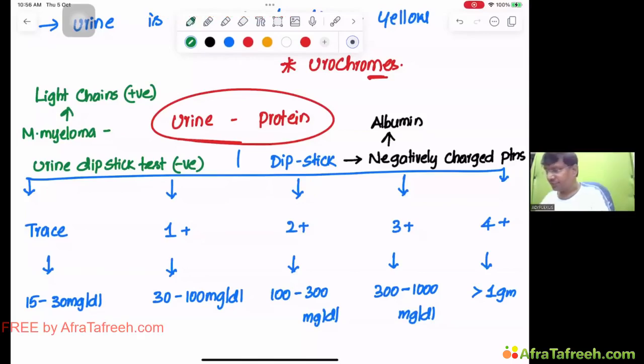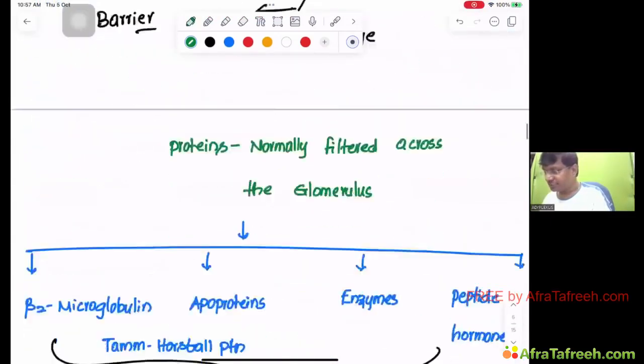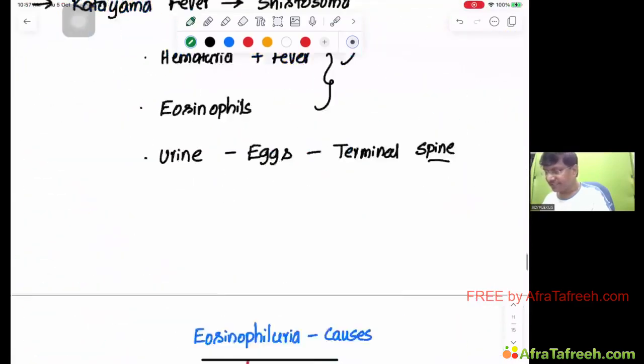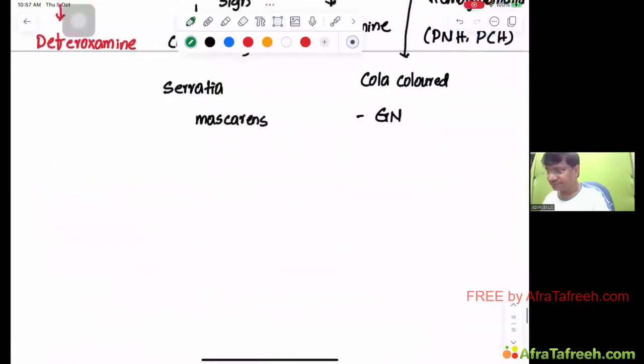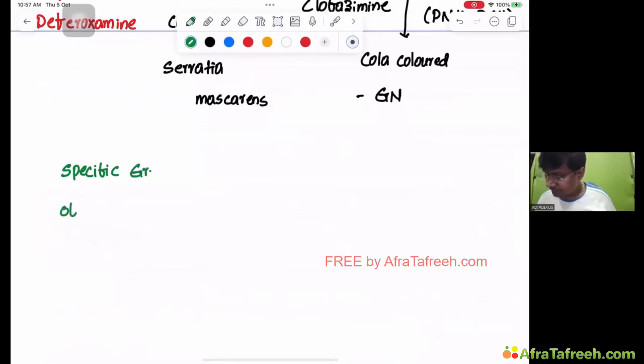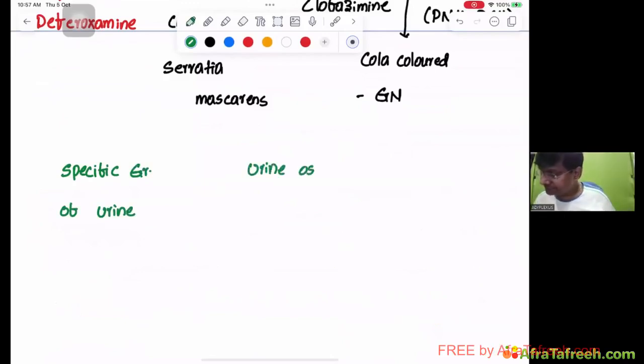Now, the next important point in the urine, that is two important things that you should know. That is specific gravity, urine osmolality, and then the urinary pH. So, how much is the specific gravity of the urine? How much is the urine osmolality?